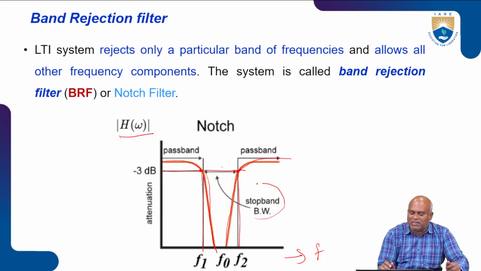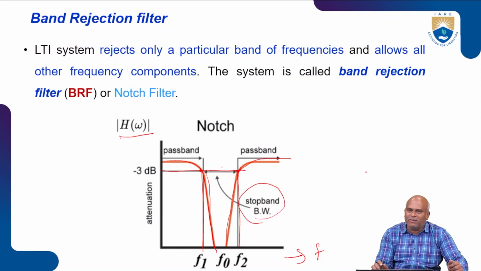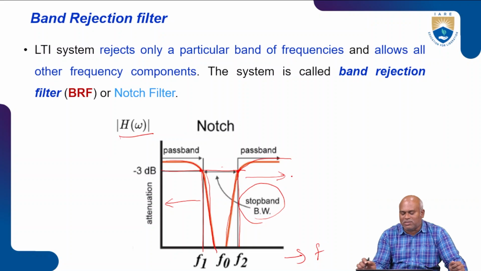That's why it's called the stop bandwidth. The remaining portion conducts: lower frequencies are conducted, and higher frequencies are also conducted. This is the inverse condition of the band pass filter, and we call it a band rejection filter.